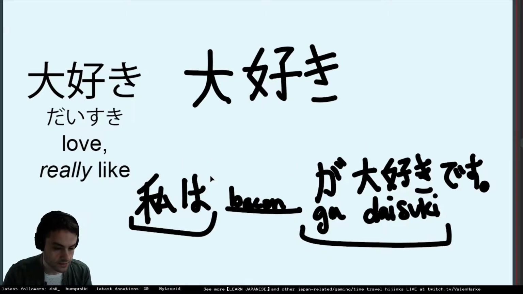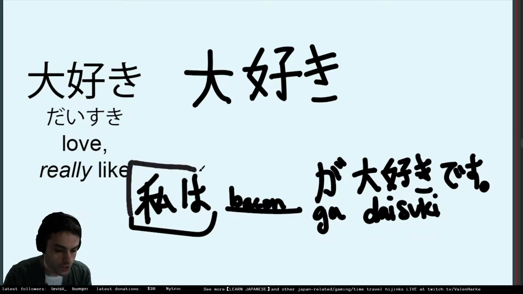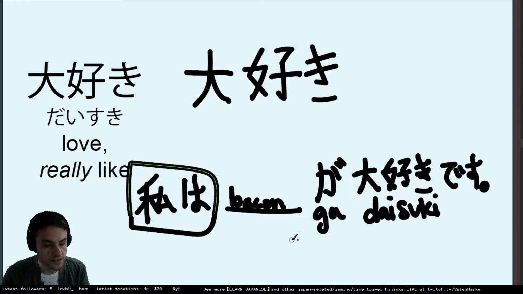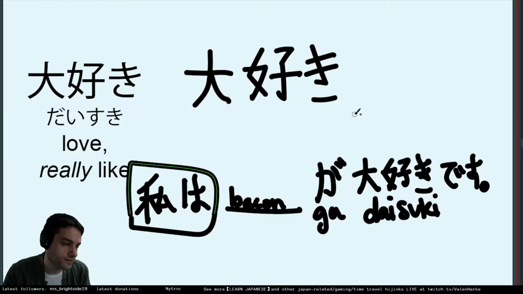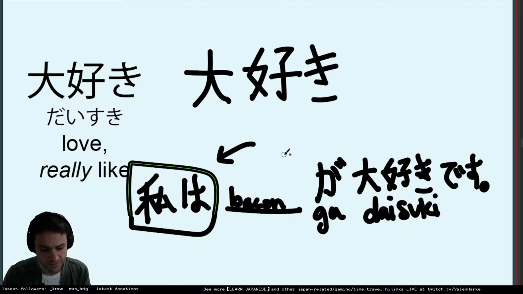Now, do we need this? Do we need watashi wa? No, because like I said, it's clear by context. But if it wasn't clear by context, and maybe you're just running around the streets yelling, I love bacon! You probably don't need watashi wa either. People would still think, oh, that guy's crazy, and he's clearly talking about himself, right?